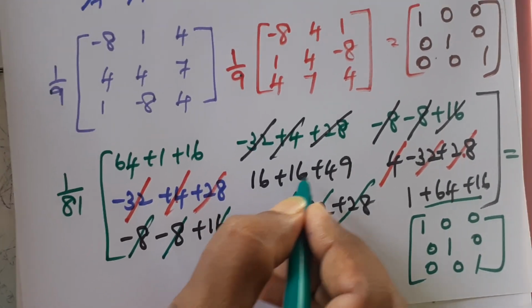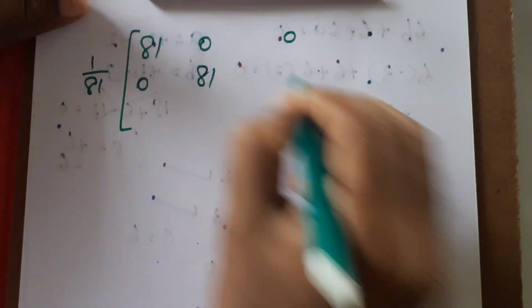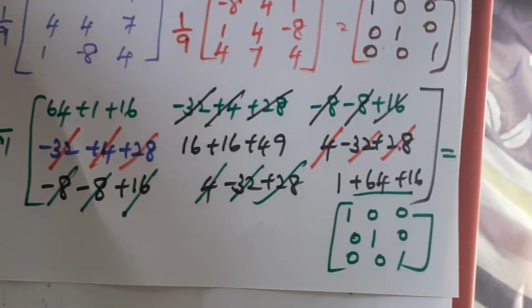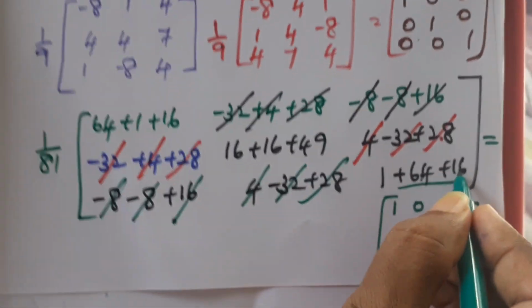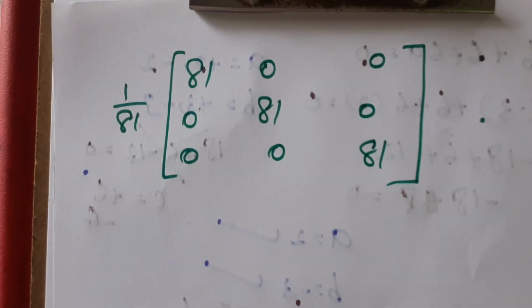Then next term 16 plus 16 is 32. 32 plus 49 means 81. Again the cancellation term here also 0, then 0, 0, and 81 will come. How? 64 plus 1, 65, 65 plus 16 is 81.